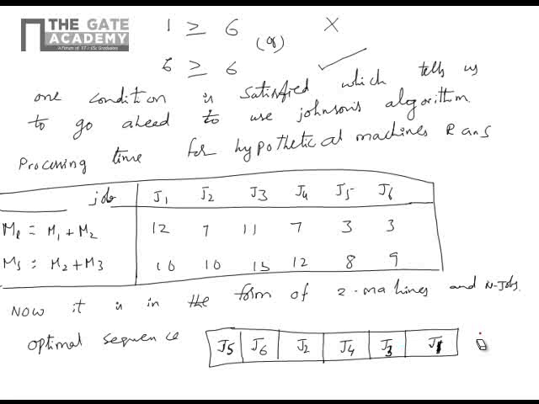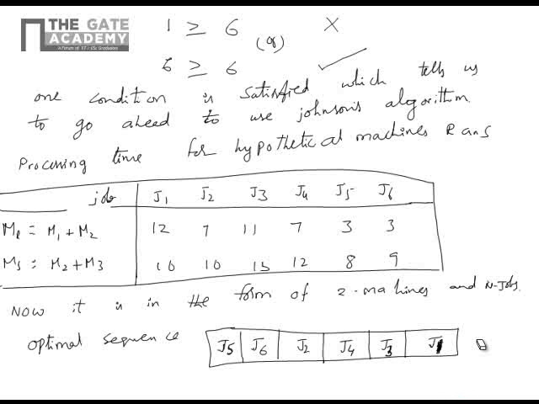We don't need to repeatedly assign; only once we need to assign this optimal sequence. J5, J6 are assigned. J2, J4 also assigned. After 3 and cancelling the next 7, the next is 10, which is machine 1 of J1. So I got the optimal sequence.